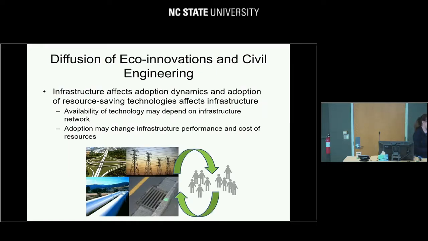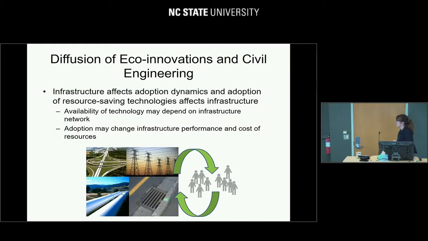As an engineer, I'm very interested in what technologies are affecting our infrastructure systems. A lot of times this is eco-innovations, environmentally friendly innovations or technologies. Infrastructure networks are built to deliver a resource: transportation, water, electricity, getting rid of waste, getting rid of solid waste.